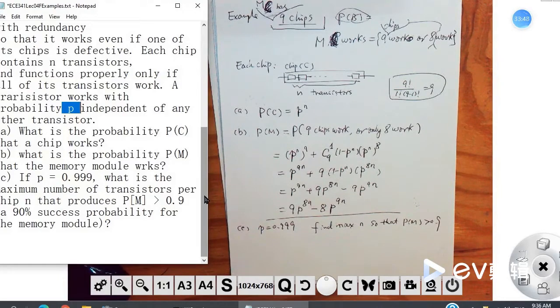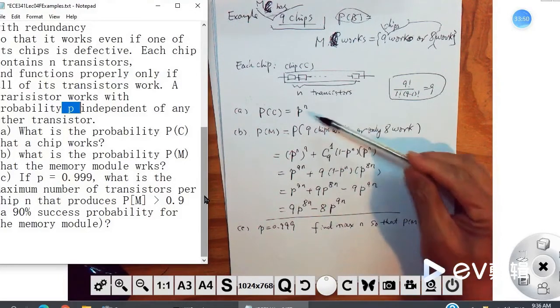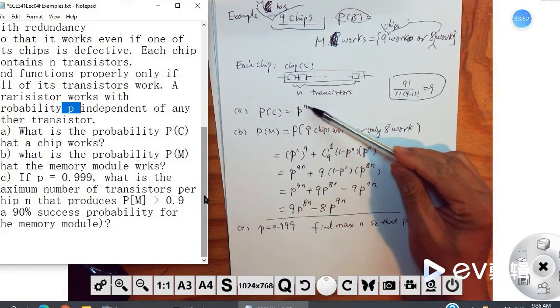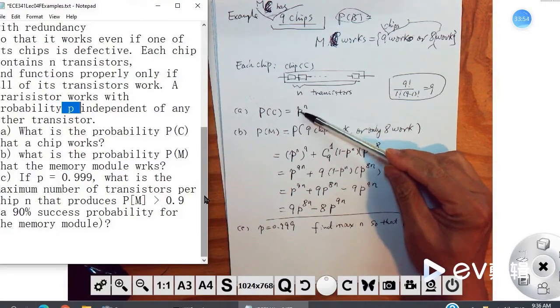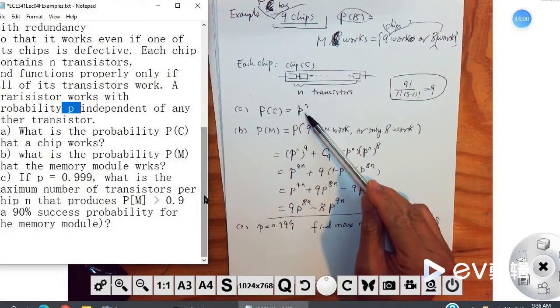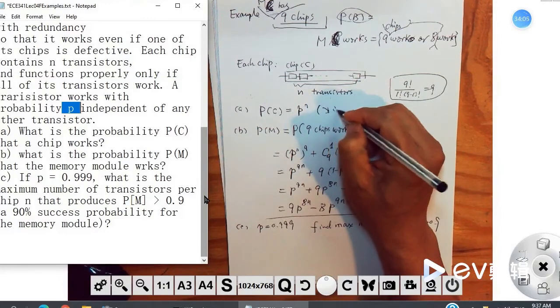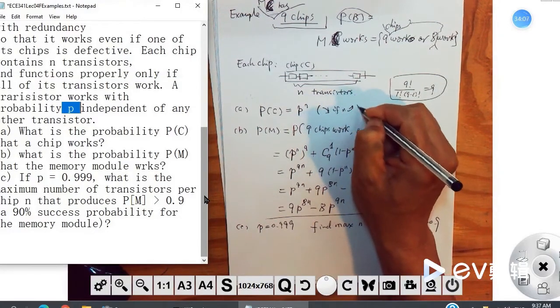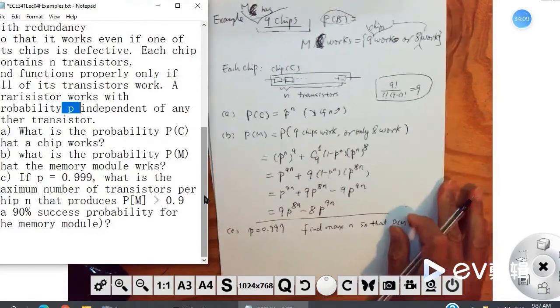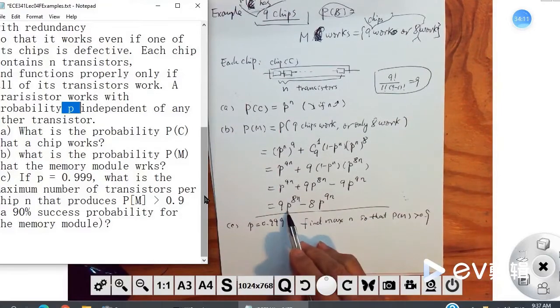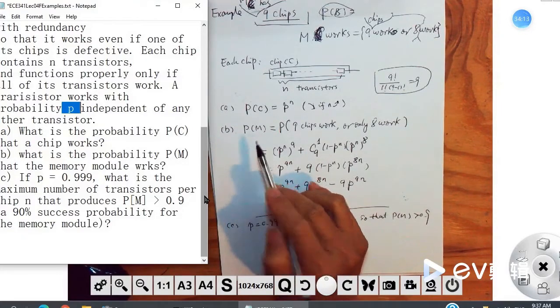You can think, why is it the largest N? When N increases, because P is a number smaller than 1, this probability will decrease. P^n is this, and PM is a combination of this PC, right?